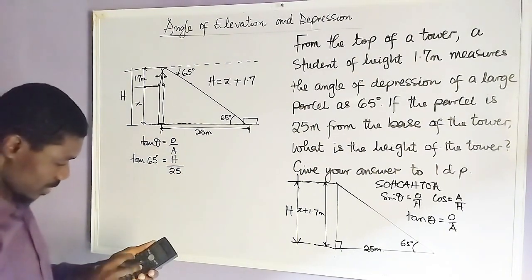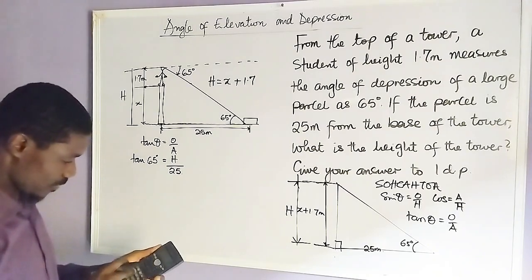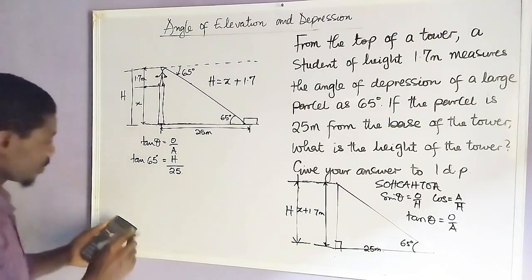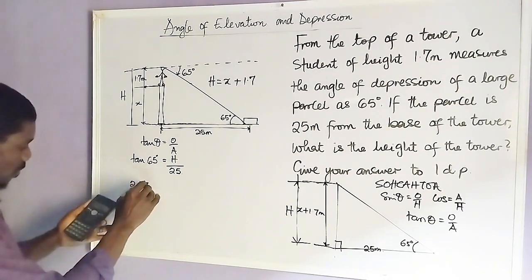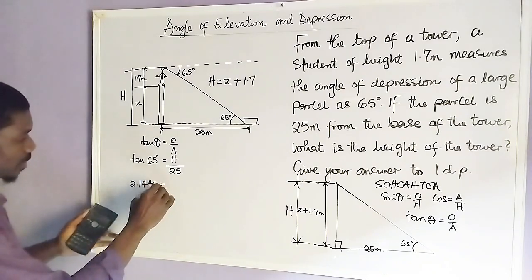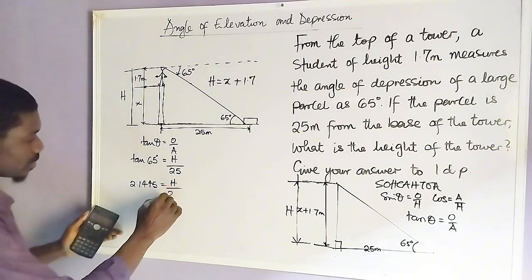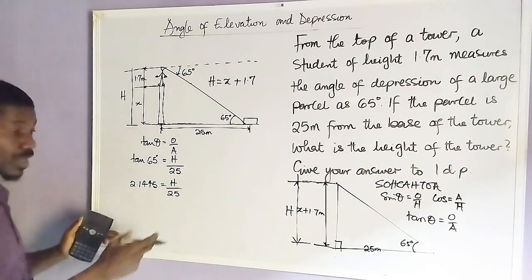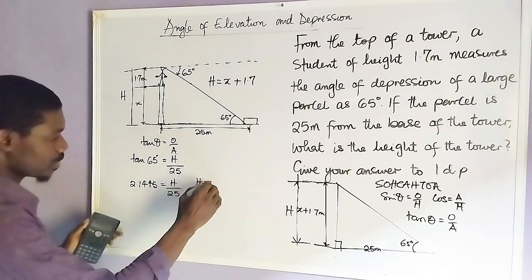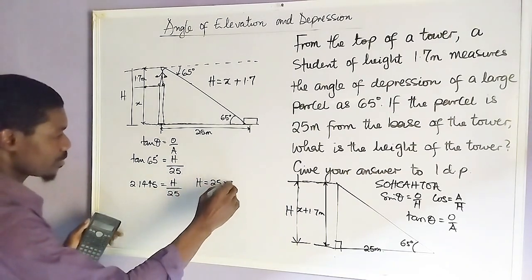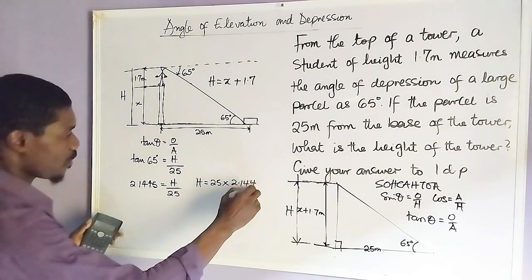We have that tan 65 will give us 2.1445 equals the height all over 25. When we cross multiply, the height becomes 25 times 2.1445.